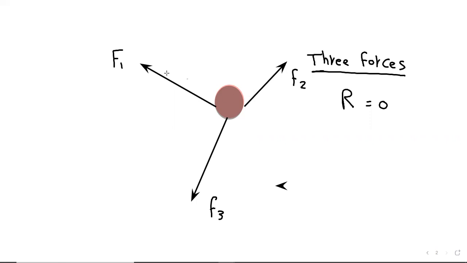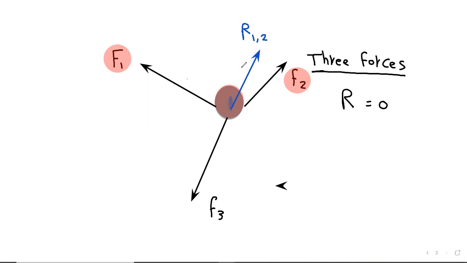So we can represent the resultant force of F1 and F2 in this direction here, as you see. This is the resultant force of F1 and F2. We can write R1,2, and R1,2 means the resultant force of F1 and F2.